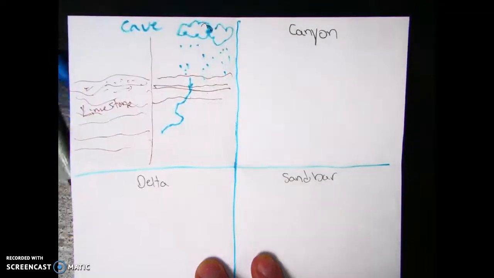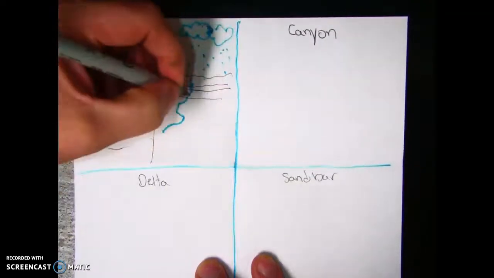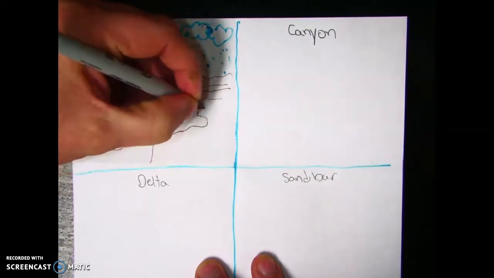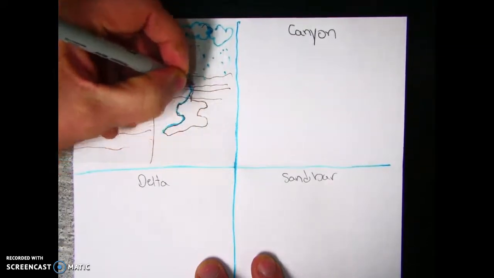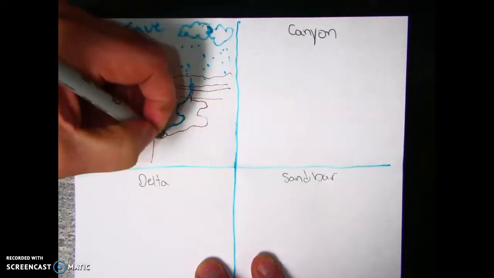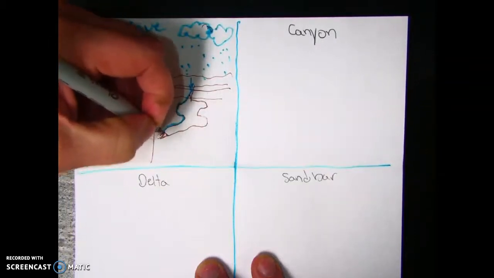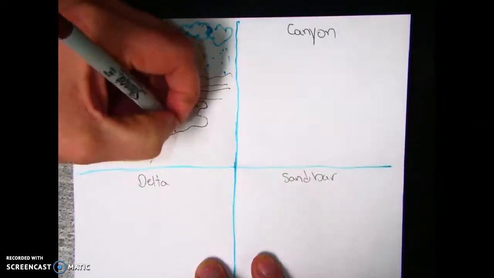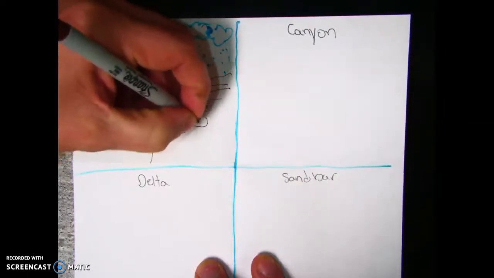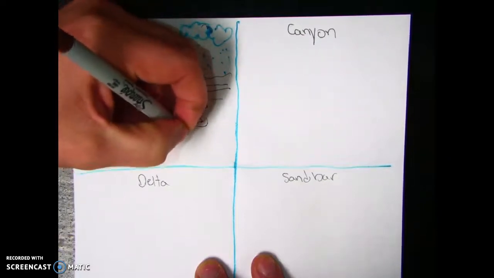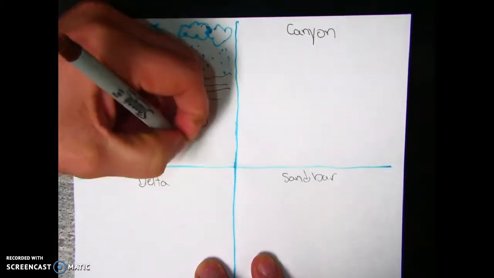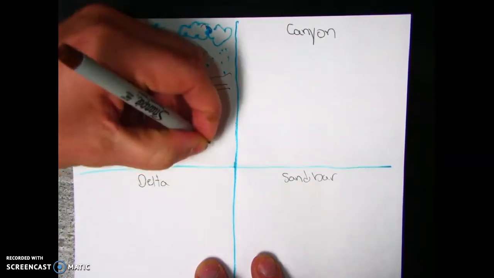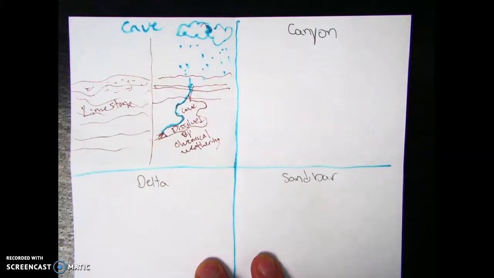Okay, so it's got to get in somewhere. This water has to have somewhere that it can get back out. This will become our cave, and this will be dissolved by chemical weathering.